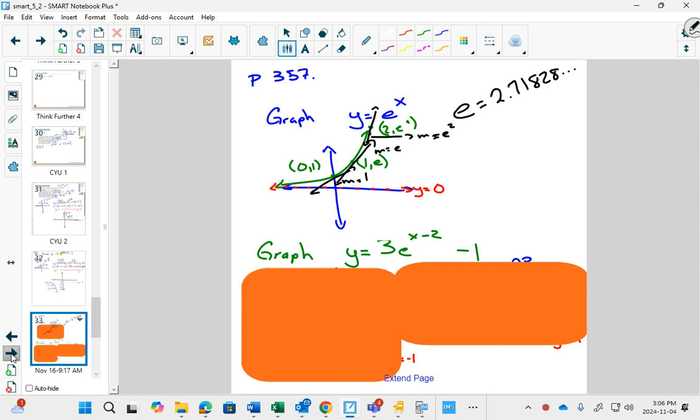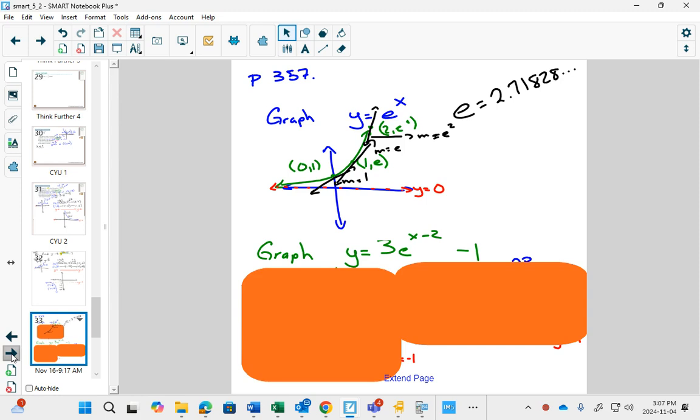It's the only number that works out perfectly every single time. No matter which point you pick on this graph, the slope of the tangent is always equal to the y-coordinate. No other value has that property, and that makes it extra useful for doing a bunch of stuff in calculus.